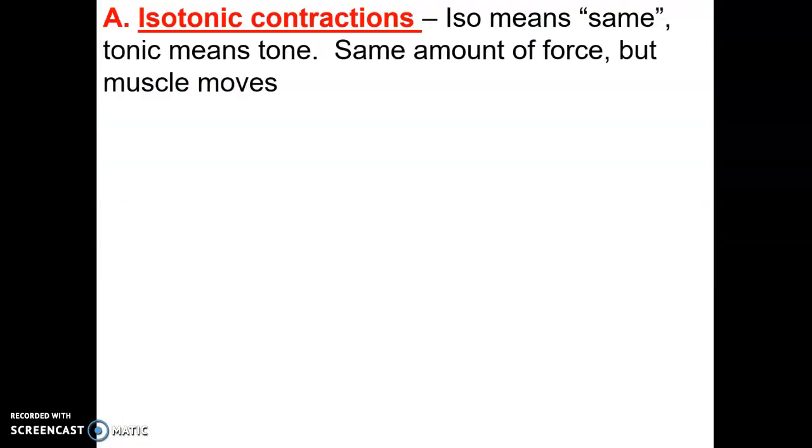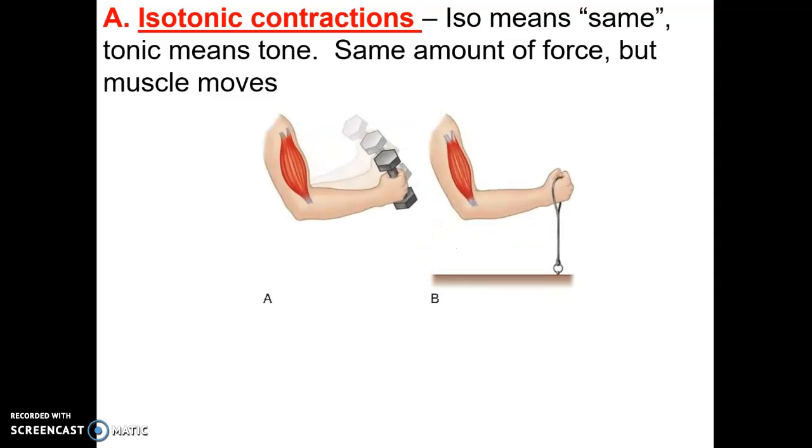All right, these two are muy importante. Isotonic. Iso, same. So same amount of tone, same amount of force, but the muscle moves. So it's a nice, smooth movement, not jerky. You can pick that weight up nice and smoothly.